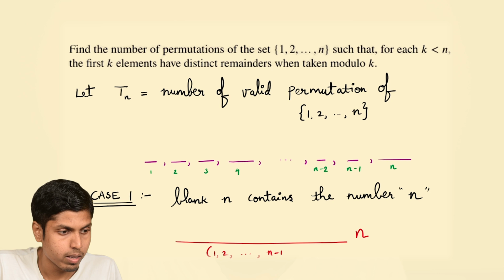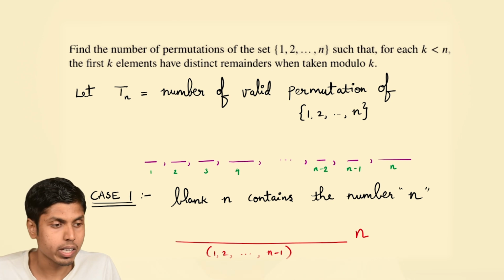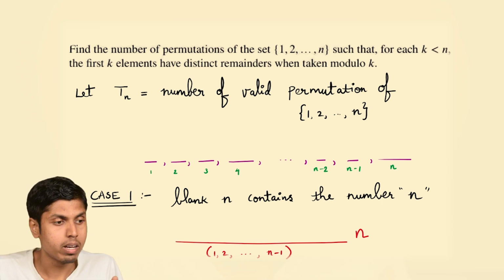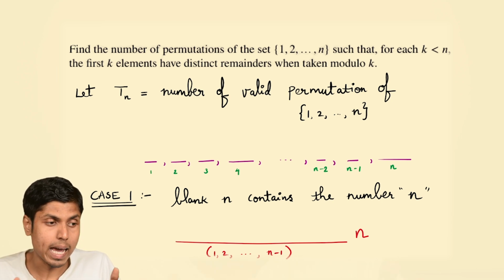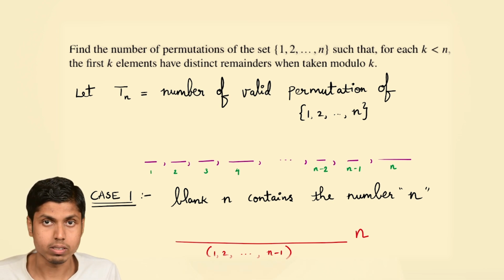But what is the number of such sequences containing 1 to n minus 1 without any gaps? This is basically Tn minus 1, by definition.